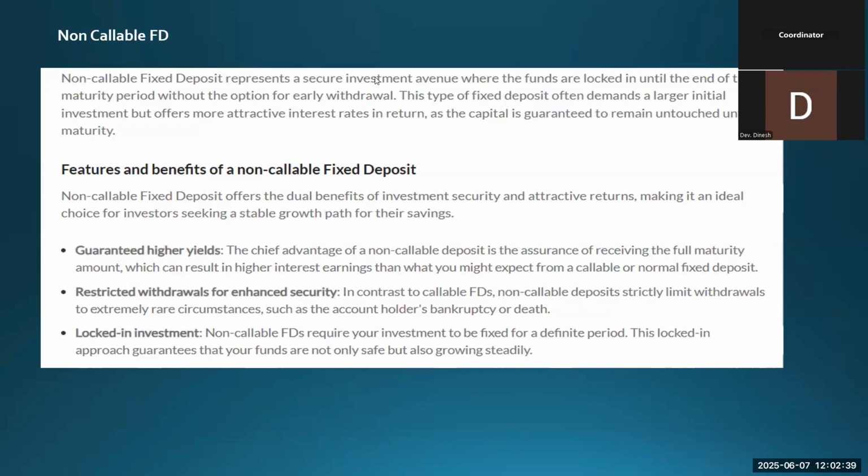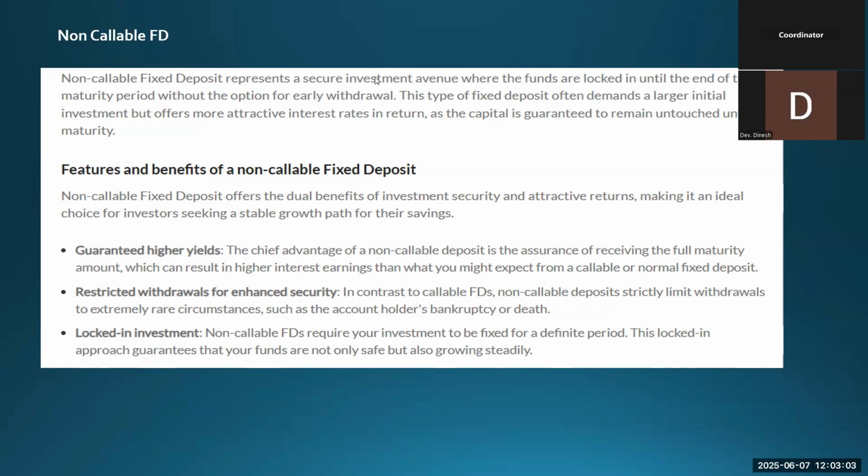But here the interest rate offered by the bank will be higher than the regular FD rates. And also the minimum amount of investment would be much higher, like 50 lakhs, 1 crore, that kind of minimum amount has to be invested in non-callable FDs.